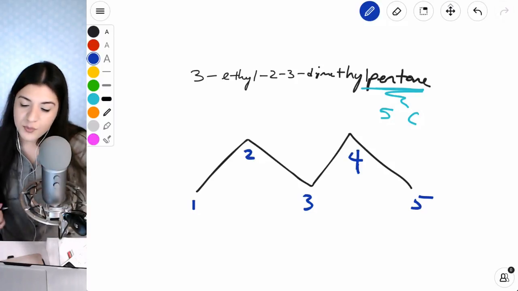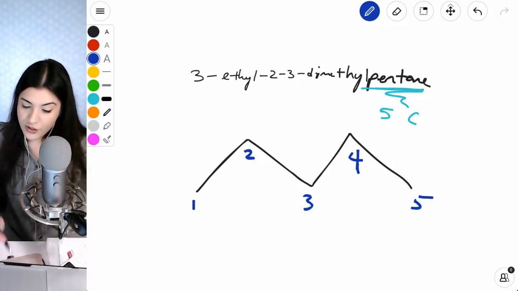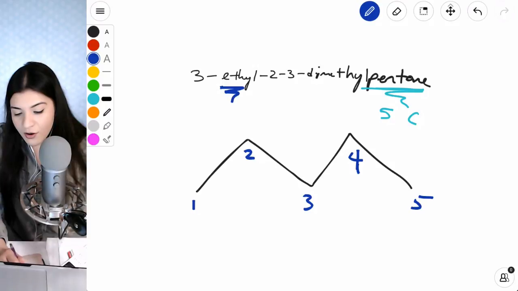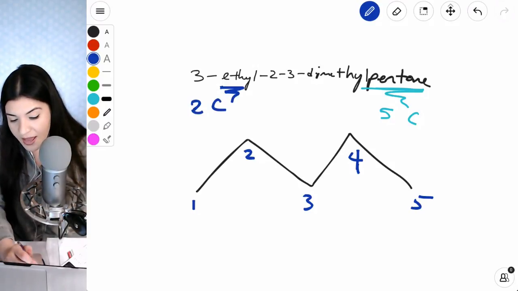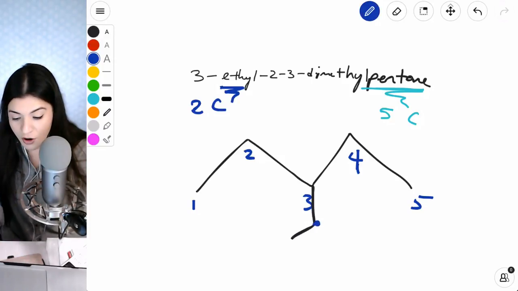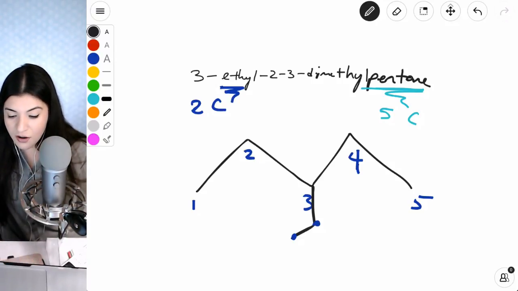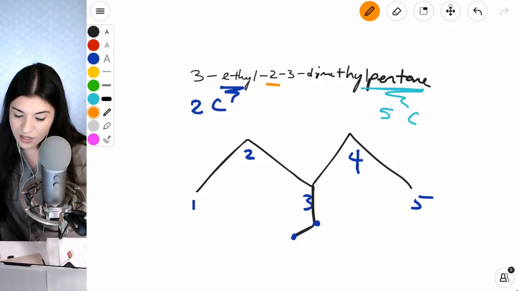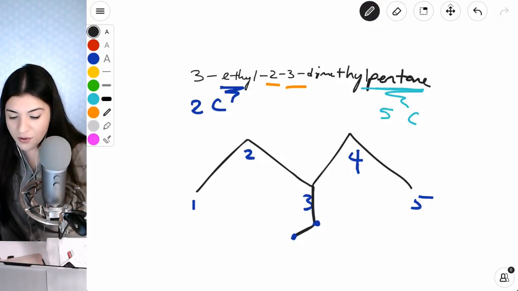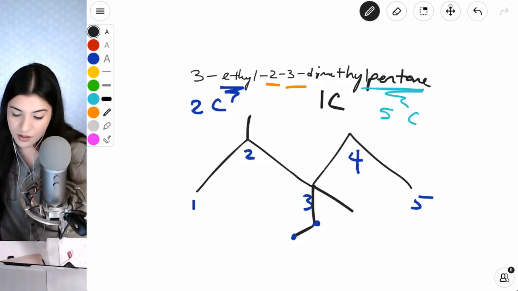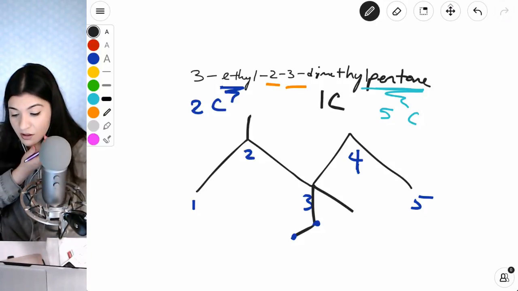Now let's place all of our substituents. Ethyl means that there are 2 carbons, and that's at 3. So I'll put 1 and 2. Next, for dimethyl, this tells us that there are 2 methyl groups at the location of 2 and 3. Methyl is just 1 carbon, so I'll put just a line, and then a line also at 3, and that's it.